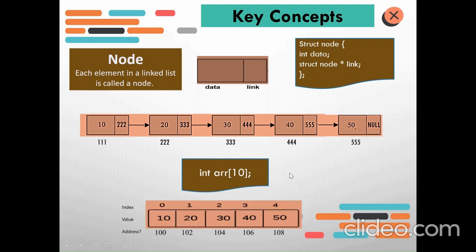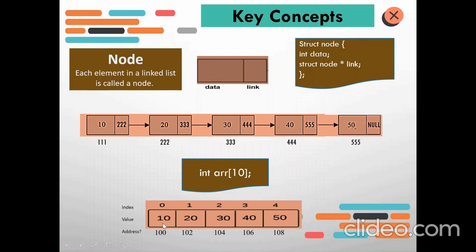So if I can draw it, I have taken here the array with 5 elements: 10, 20, 30, 40, and 50. As you may be aware, the individual array elements are accessed using a unique number which is known as index. So index starts from 0. So 0th cell would be this, this would be 1, this would be 2, this would be 3, and the process will go on.